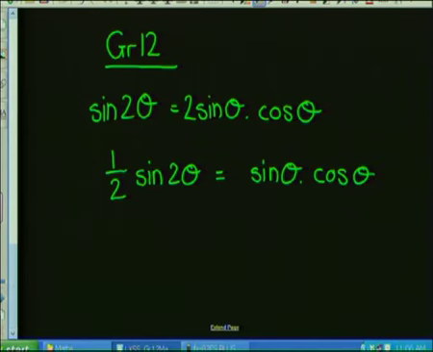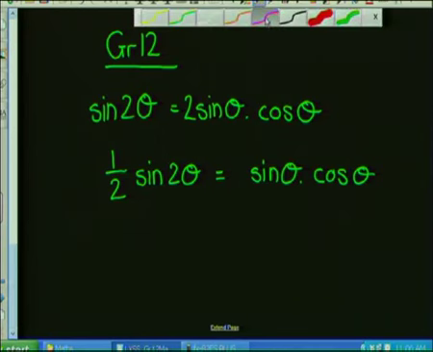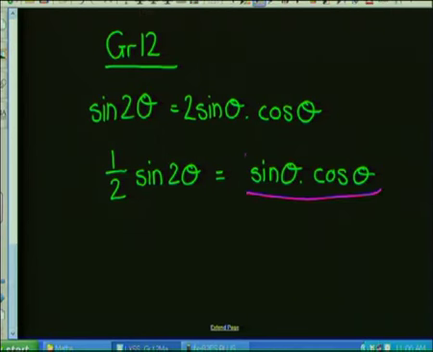Let's have a look why, because a lot of the time you will be given this in an expression, and I often hear my students say, oh, if only there was a 2 in front there, then we could use our double angles. But you can use your double angles even if there isn't a 2 in front. Let's have a look at why.